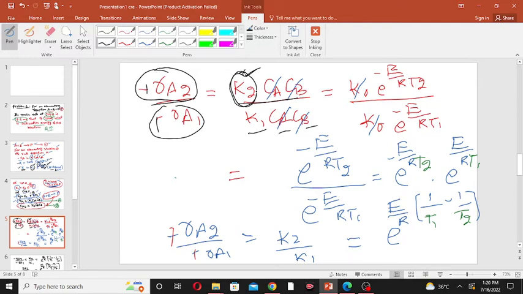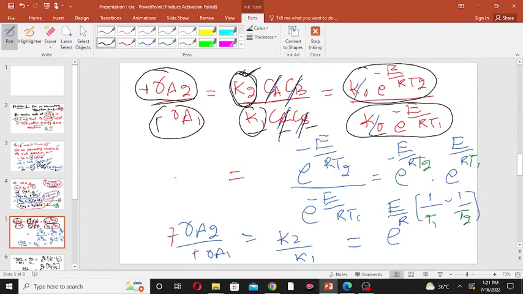Now this K2 can be obtained from the Arrhenius law: K2 is equal to K naught into e to the power minus E divided by R T2. Ca Cb cancel with each other here, and K1 is nothing but K naught into e to the power minus E divided by R T1. So this is K2 divided by K1.